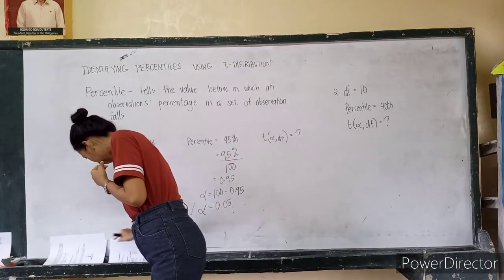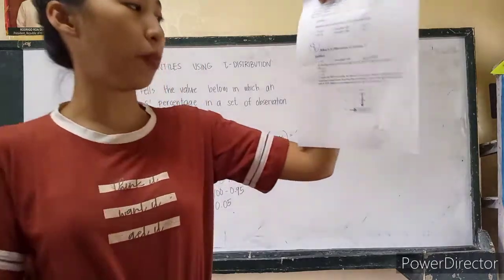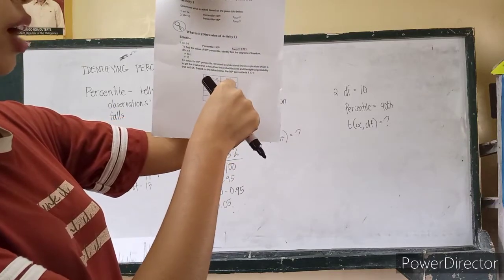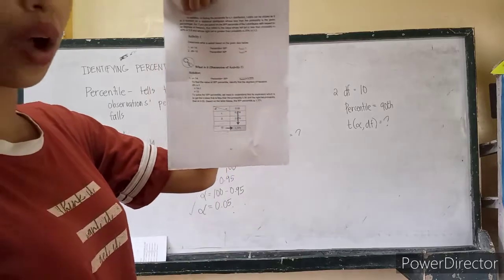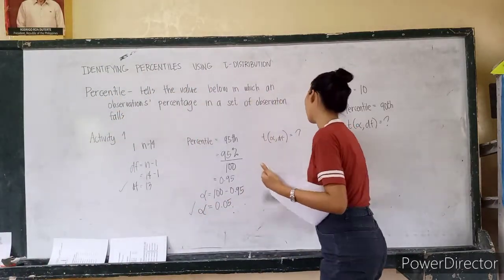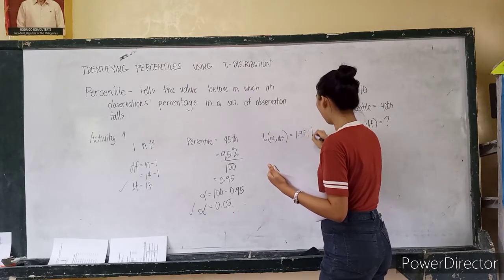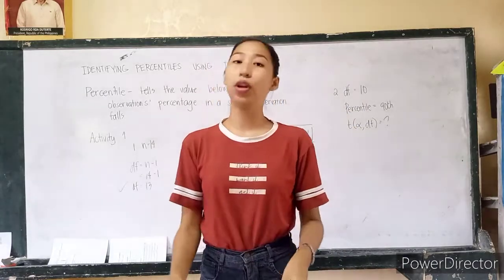Using our t-table, as you can see in the example, df is 13 and our alpha is 0.05. We find the intersection. Our answer for our t-value is 1.771. I hope that is clear to all of you.